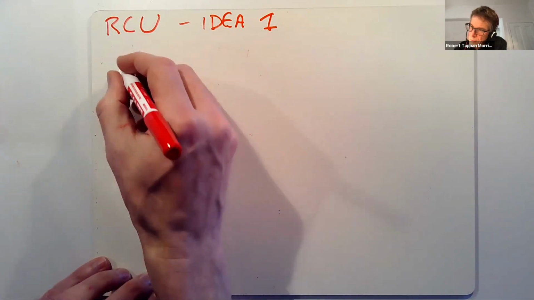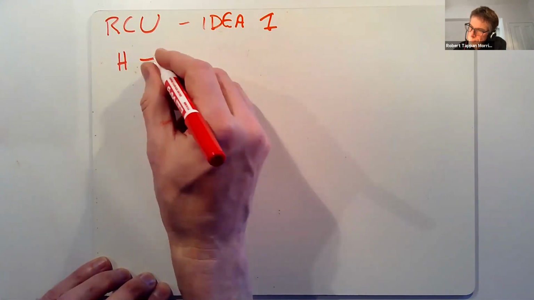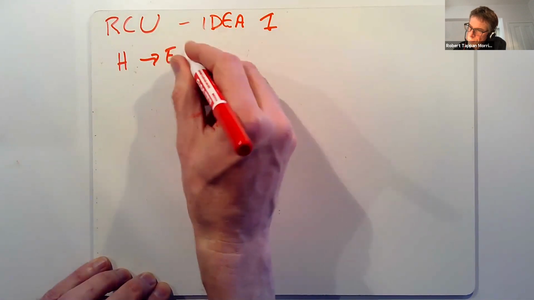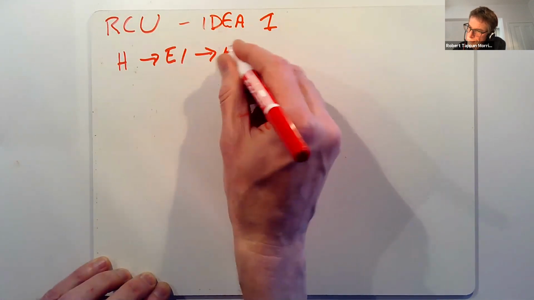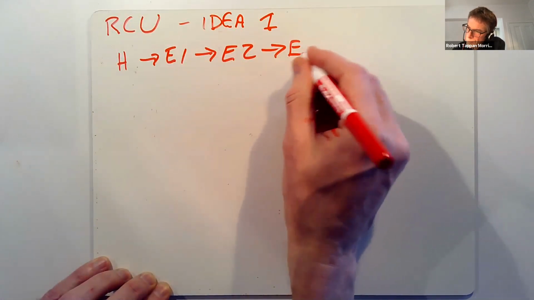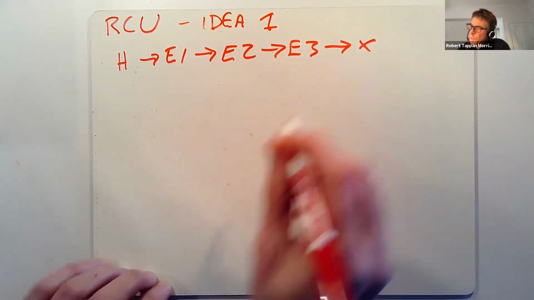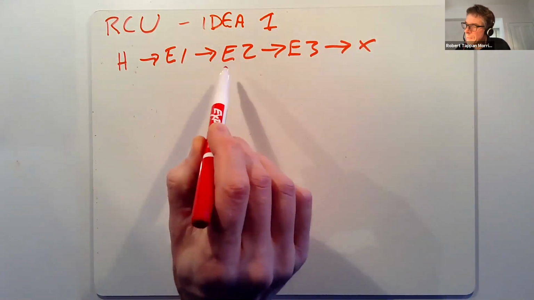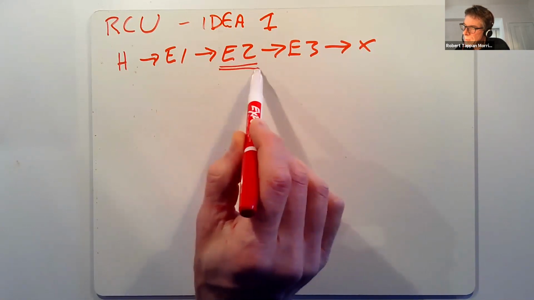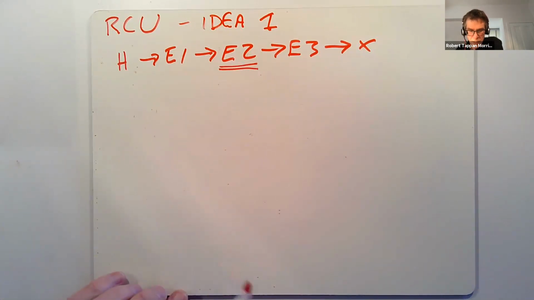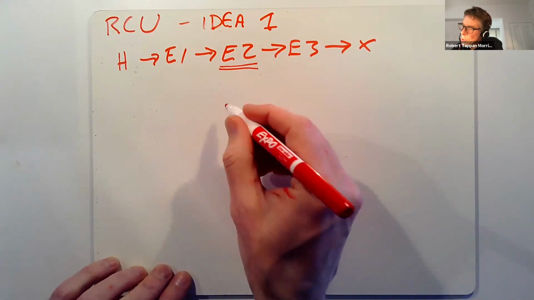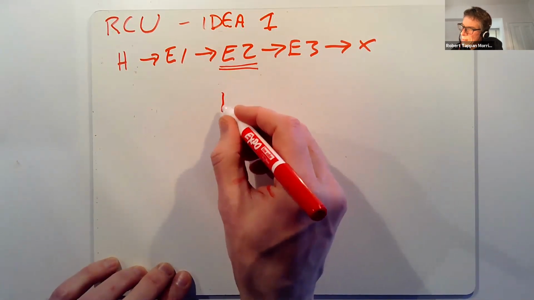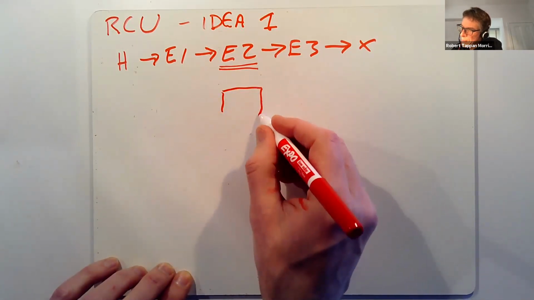Instead, if we have a linked list like this with a couple of elements, if a writer wanted to update the content of element 2, instead of changing it in place, which it wouldn't do, it would actually cook up, it would call the allocator to allocate a new element.